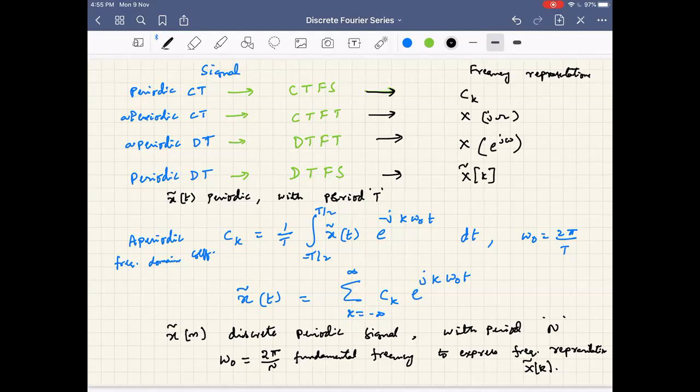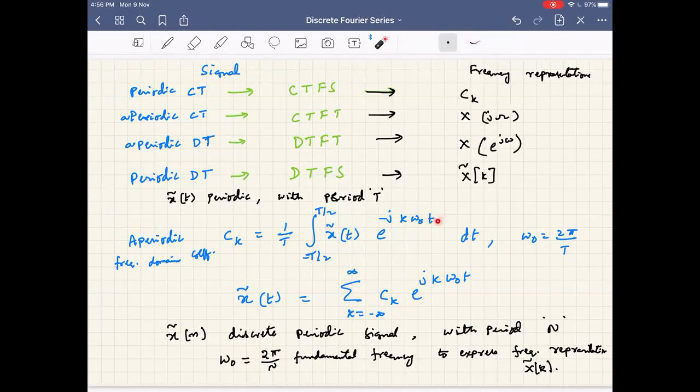So you can see that the omega naught here will roughly replace the expression in omega naught, while this small t is being replaced by n into capital T.